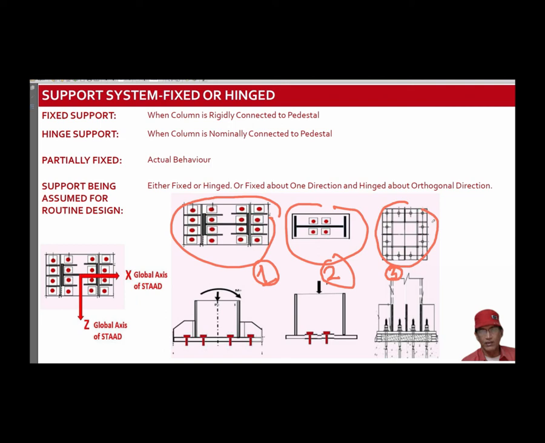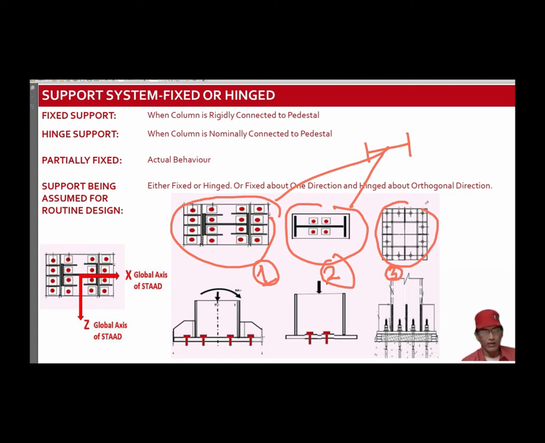And figure 3 is a fixed support in both directions. It can resist movement in both directions. Usually for I column, this type of support is taken. For box column, fixed support in both directions is usually considered.